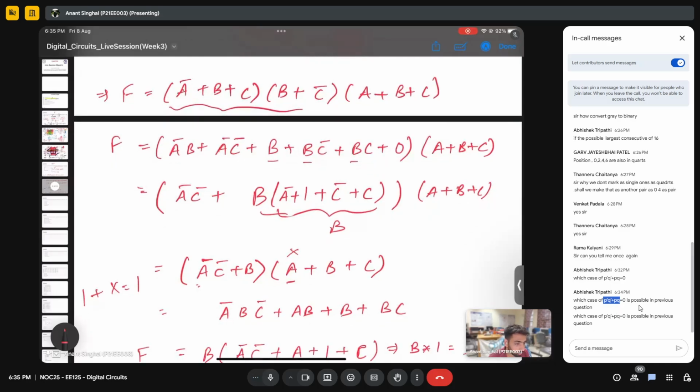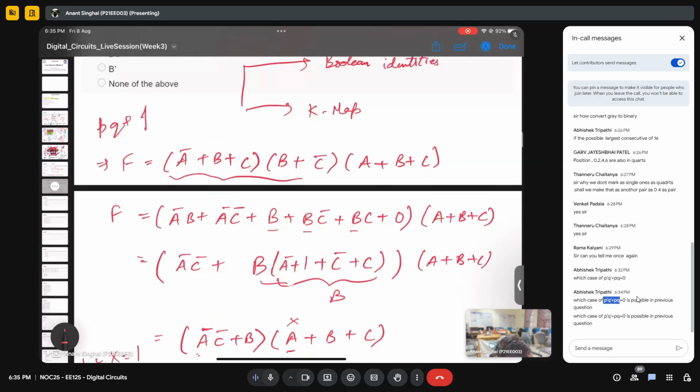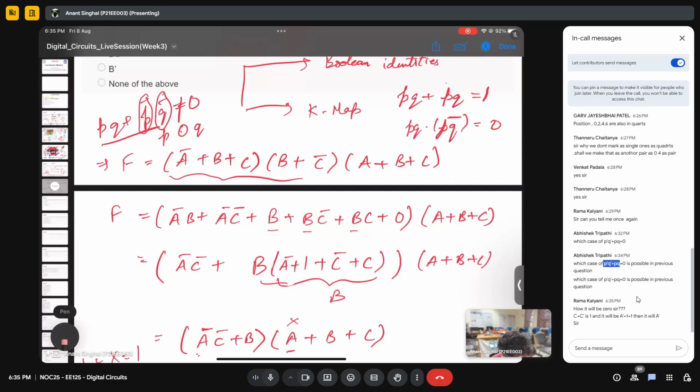So for the previous query, that this pq plus p bar q bar, just give me 1 minute. So this is not equal to 0. This is like p xnor q. I mean, this is some expression. So pq plus pq whole complement could have been equal to 1, or pq times pq whole complement could be equal to 0. But the question here is p complement multiplied by q complement. This is nothing but p complement plus q complement.